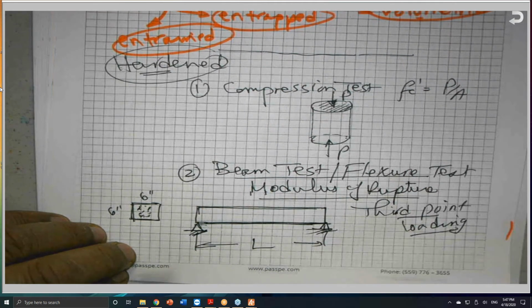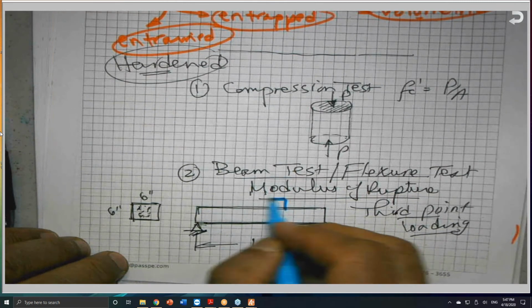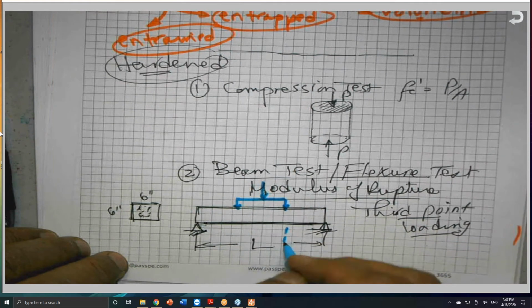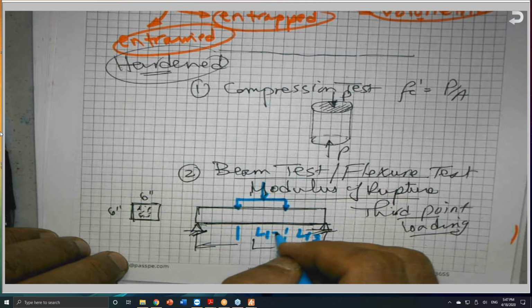Third point loading means that if this is L, we put the load to be delivered like this, where this is L over 3, and this is L over 3, and this is L over 3.